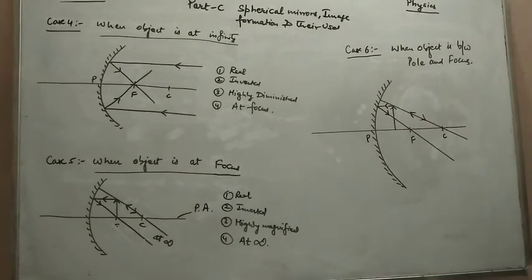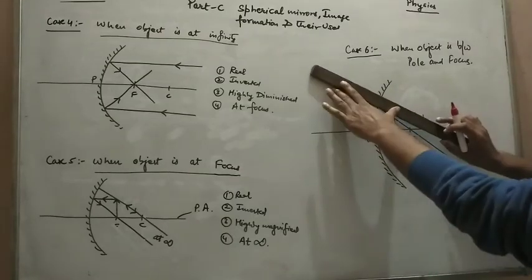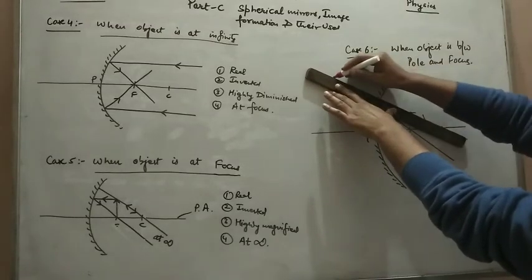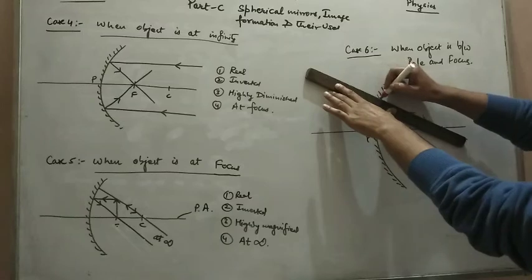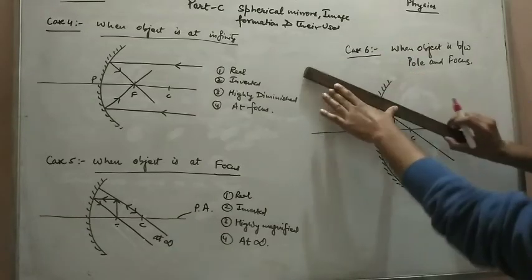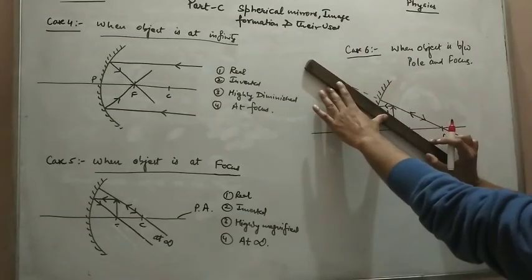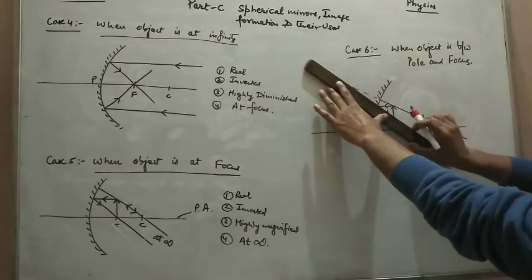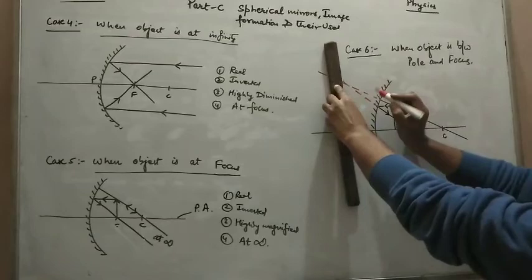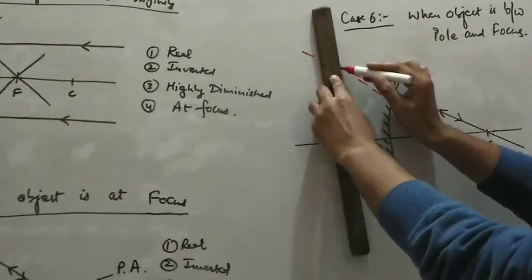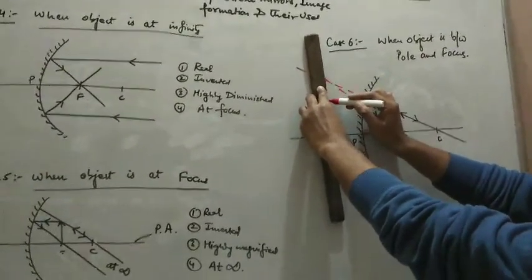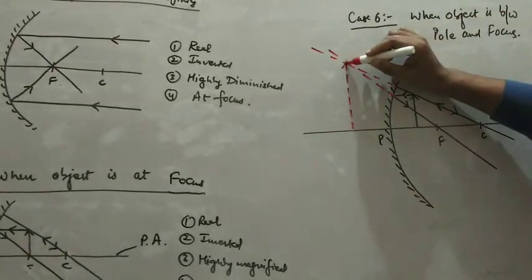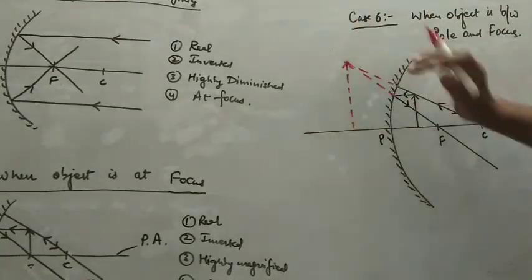Never. If I produce them in forward direction, they will never meet. But if I produce them in backward direction, they will appear to intersect somewhere behind the mirror. You can check it out in this way. I am showing with a different color because this is the only diagram for the concave in which you will get the virtual image, not the real image.